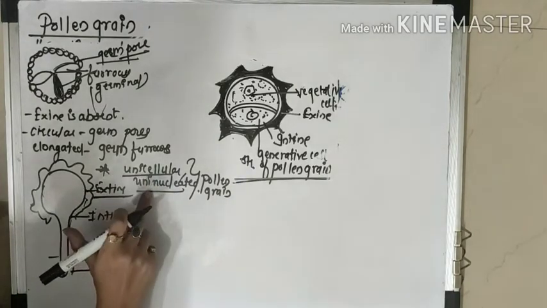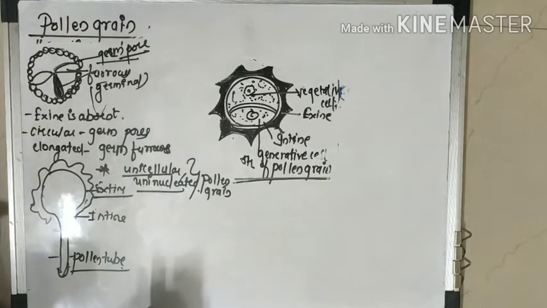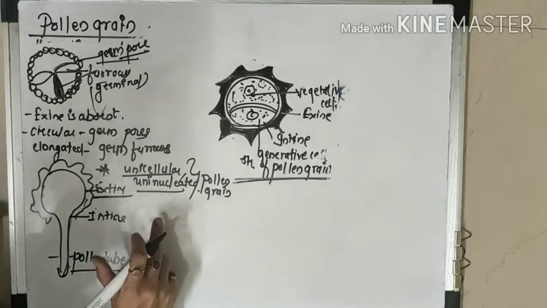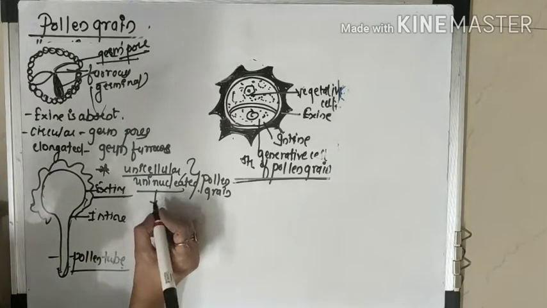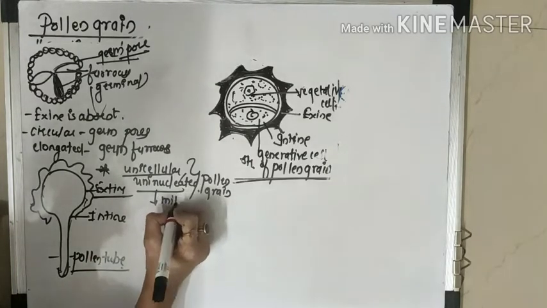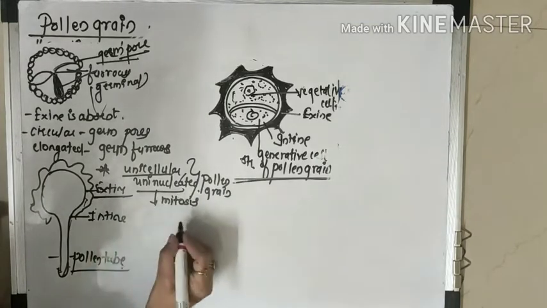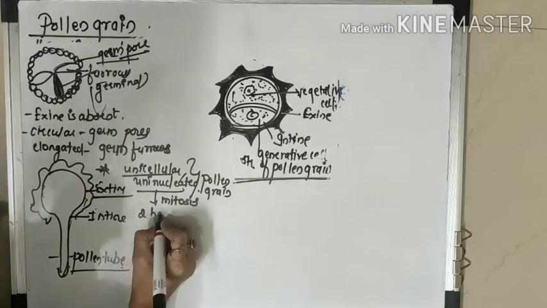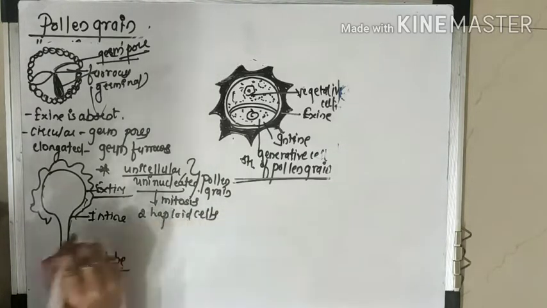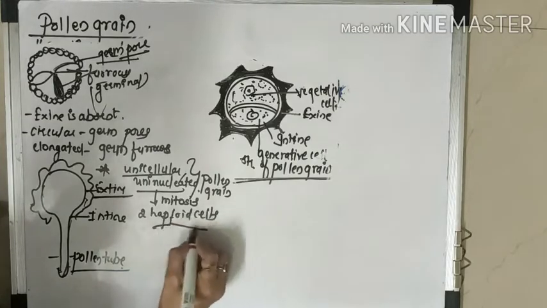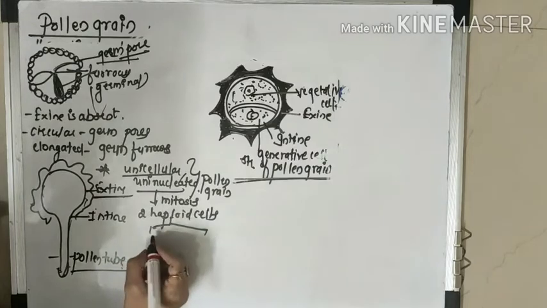It has one nucleus. That's why it is called unicellular uninucleate. But once it matures, the pollen grain divides mitotically, or undergoes mitotic cell division, to form two haploid cells. You can see these two unequal haploid cells.